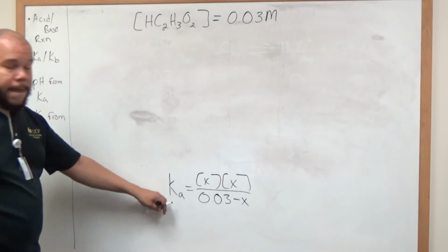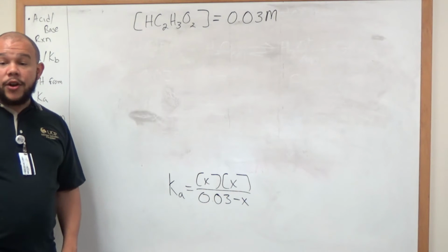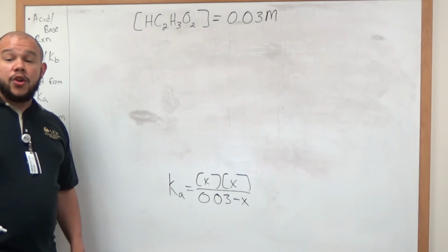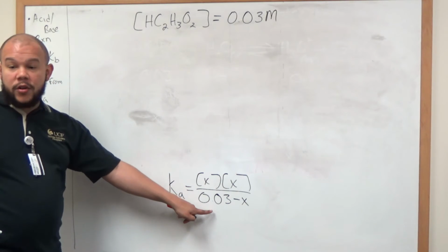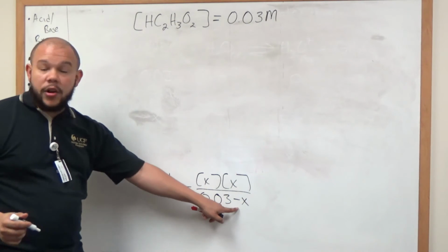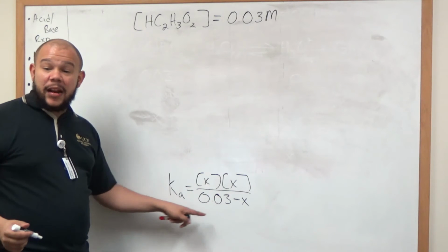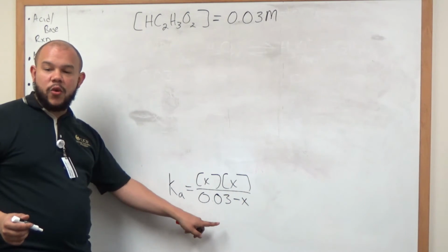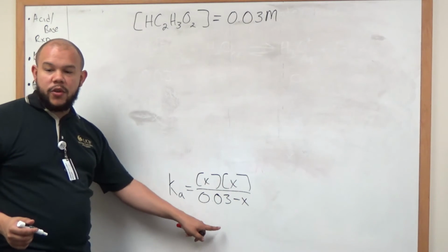Now, a little shortcut that I'm going to introduce to you, and that you can utilize, is this: we've always learned to use this x and set up a quadratic equation. But now that we're dealing with acids and bases, there is a shortcut that we can use to determine if you can drop the x.